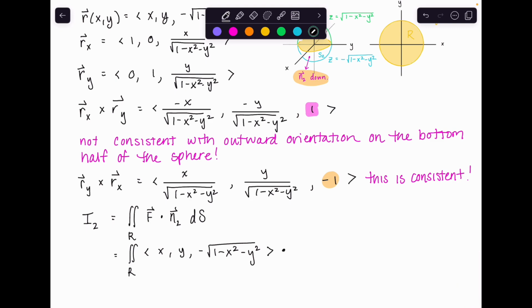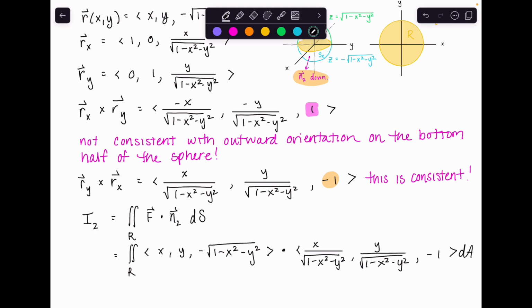And then we're going to dot product this with x over the square root of 1 minus x squared minus y squared, y over the square root of 1 minus x squared minus y squared, and then negative 1.